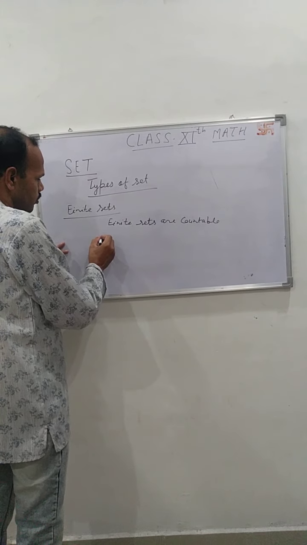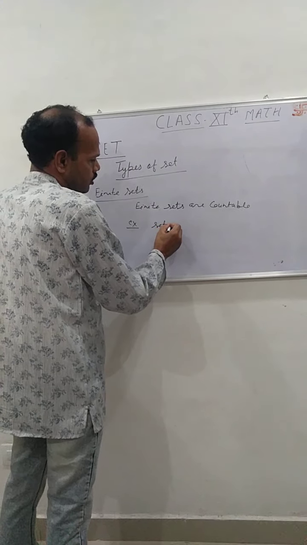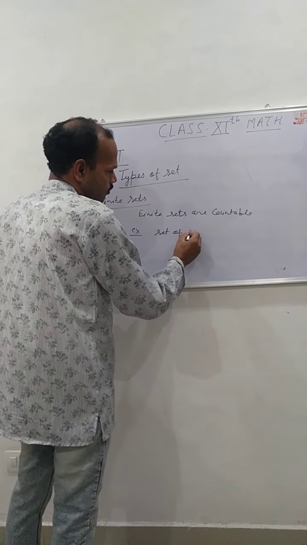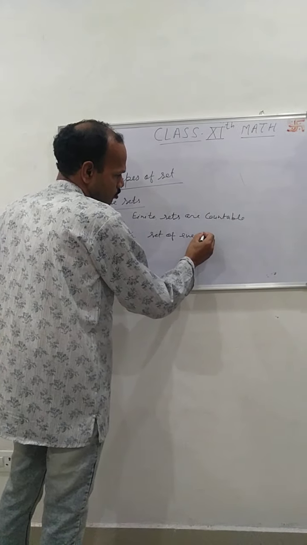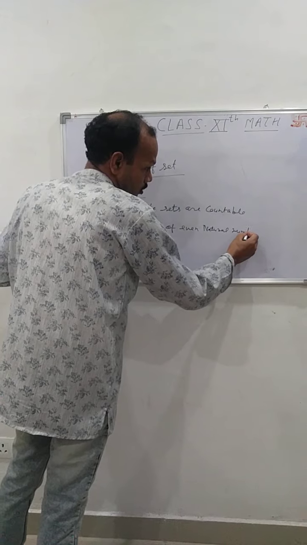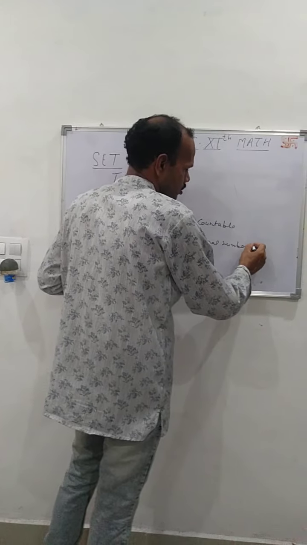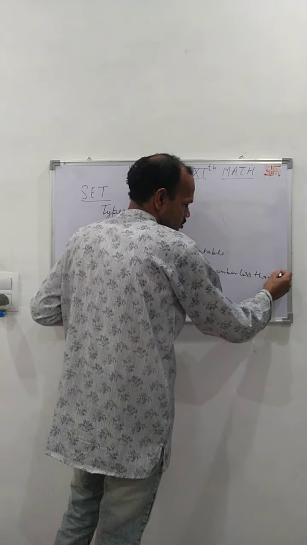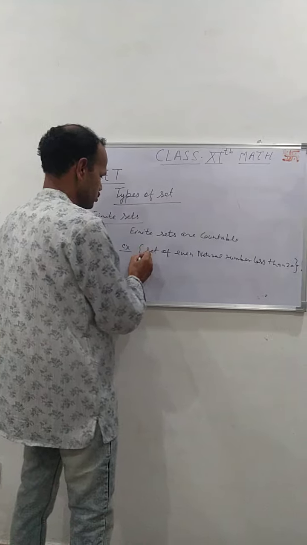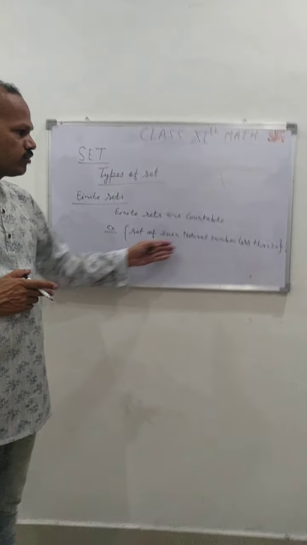Example, set of even natural numbers less than 20. We have represented this one in set builder form.